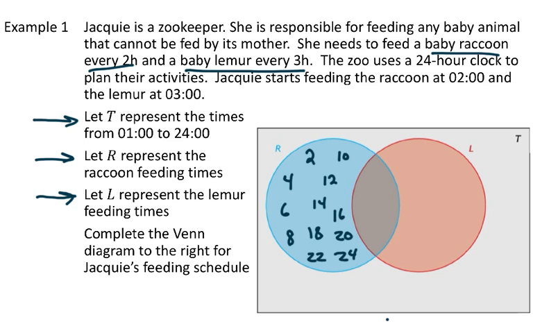The lemur being fed every 3 hours will get fed at 3, 6, 9, 12, 15, 18, 21, and 24.